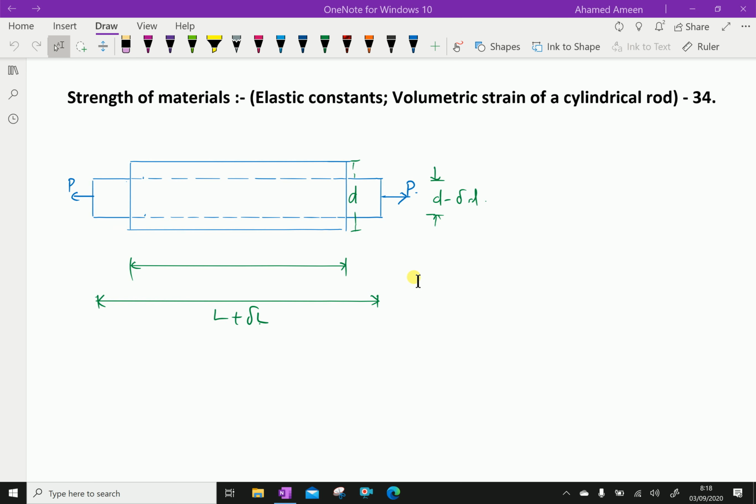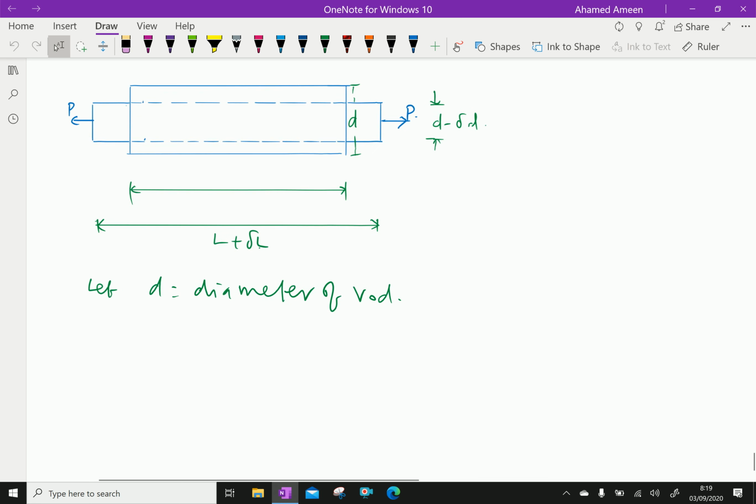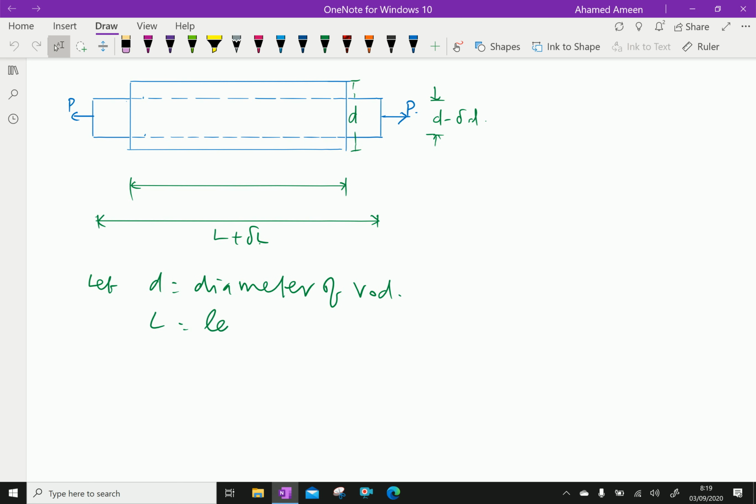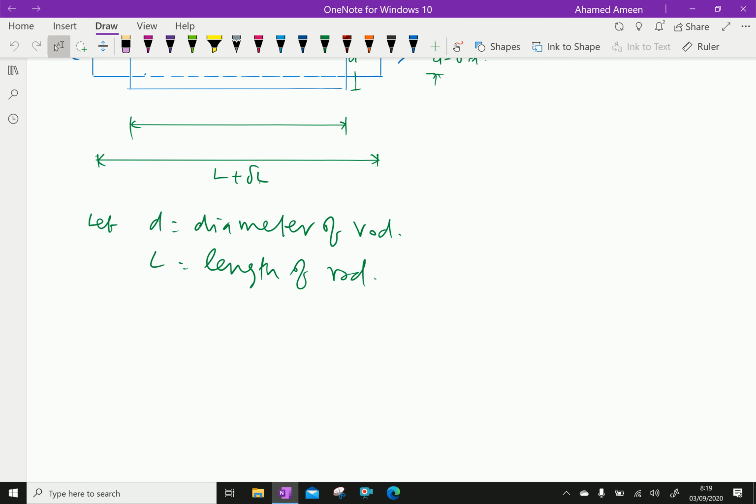problem. Let d be the diameter of the rod, L the length of the rod. Load P is applied.